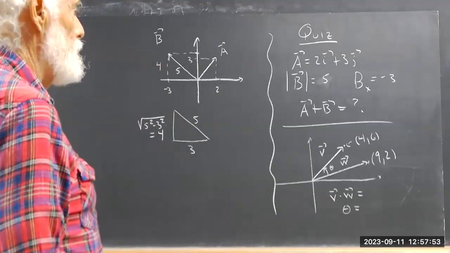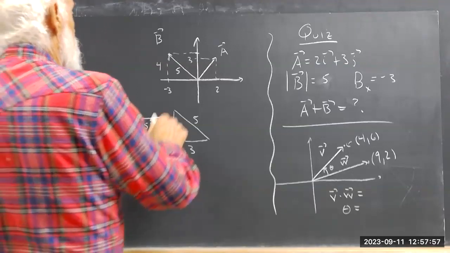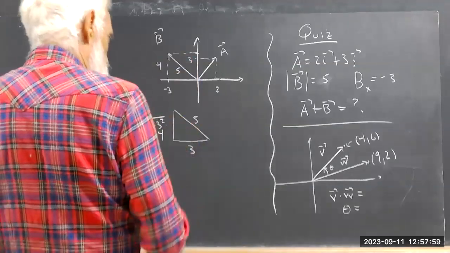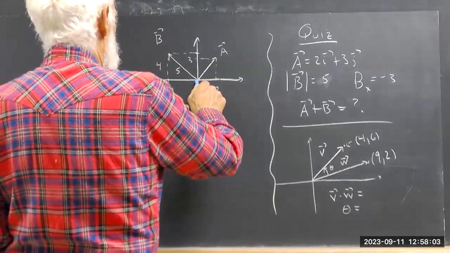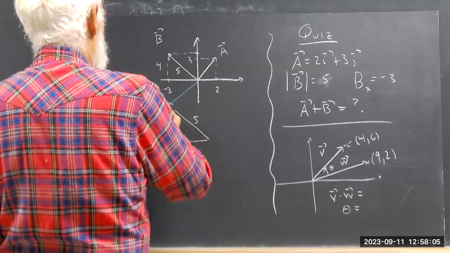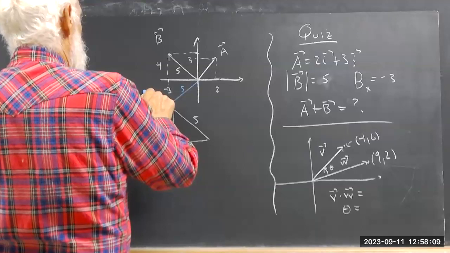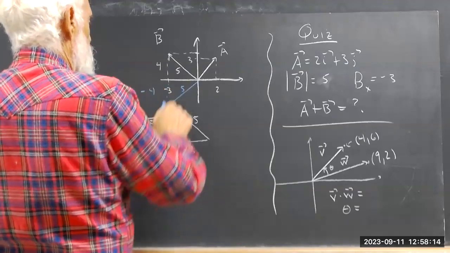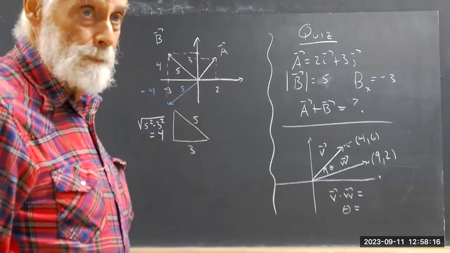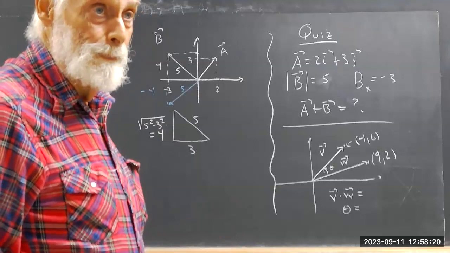We have some ambiguity here. This could be the vector B, but the vector B could also be this. There's 5. One component could be -1. We don't know. Okay. So we got to work it out for both.